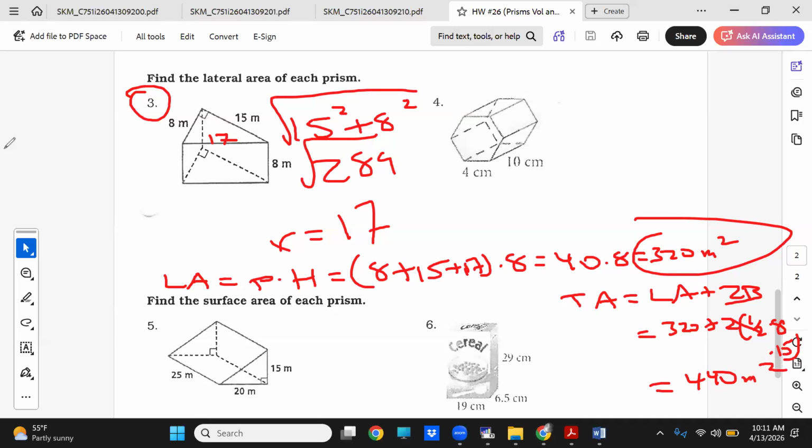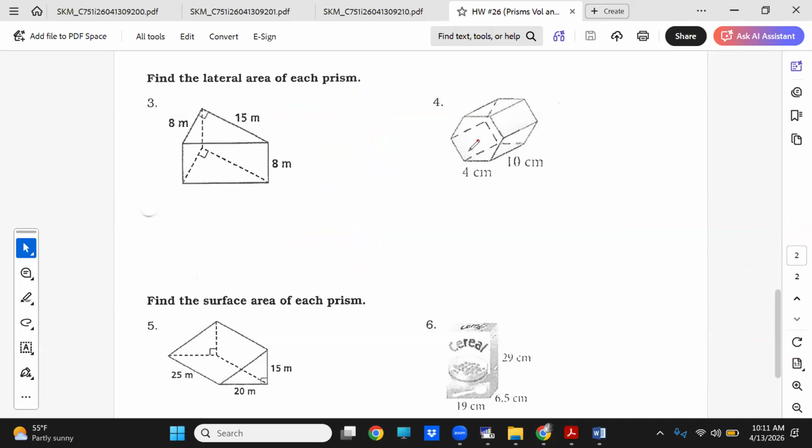Now for number four, this is going to be a little more involved. Actually, we don't have to worry so much about finding the hexagon, but we could do it a little later. Again, the lateral area is the perimeter of the base times the height.